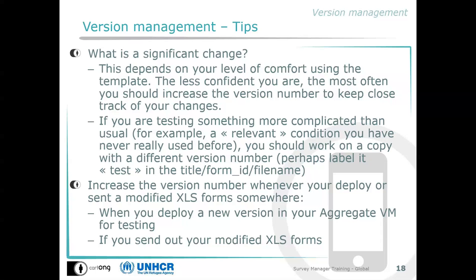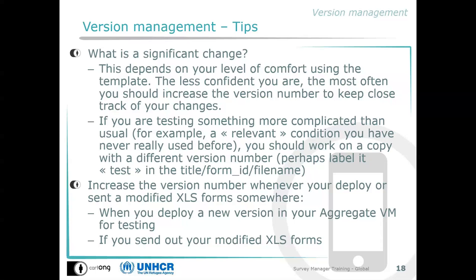If you do want to try out something, then it might make sense to just label it a test so that you know that you can always go back to the last working version in case your test actually doesn't work out.